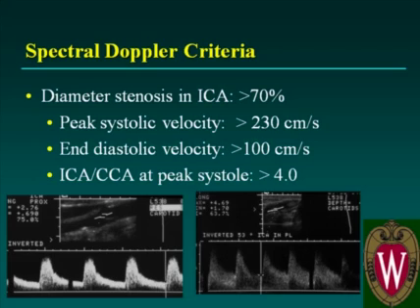Similarly, you don't get into the area of significant stenosis until about 40 centimeters per second, and if you double that, that's about 80 or 100 centimeters per second, and you're in the range of critical stenosis. And similarly, the ICA-CCA ratio starts to become significant at 2 and becomes critically significant at 4. So if you remember 125, 40, and 2, you can remember really the essence of this table.